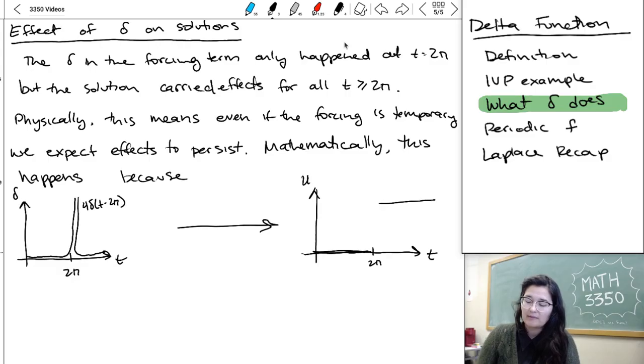Or like our u times sine is 0, and then it takes on that sine function. But I'm just going to show you u because the reason it has this nothing, then something behavior is because of the u part.